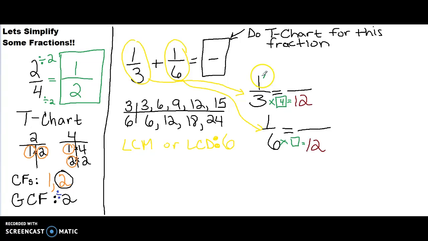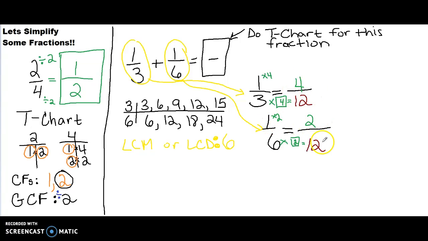Since I want to keep the fractions equivalent, I will multiply by 4 at the top too. So 1 times 4 is 4. Here, what do I need to multiply 6 by to get 12? 2. So let me multiply by 2 at the top too, because I want to keep it equivalent.